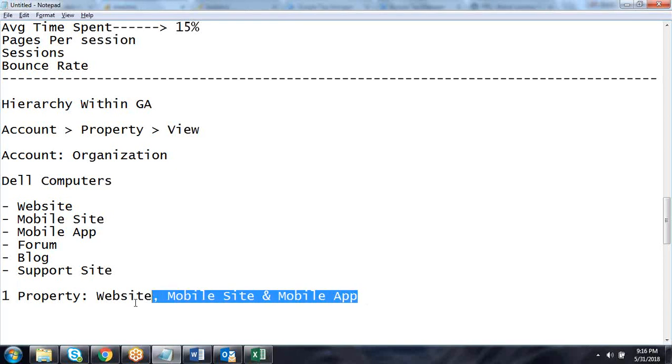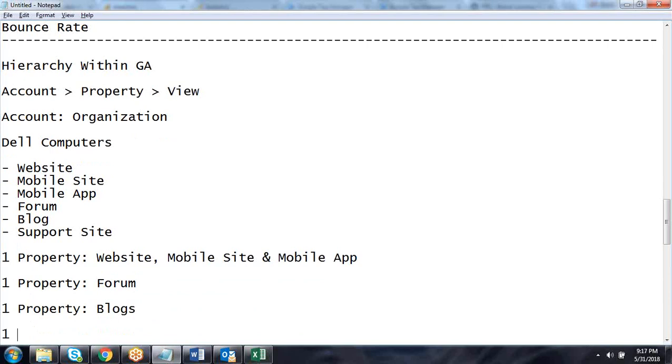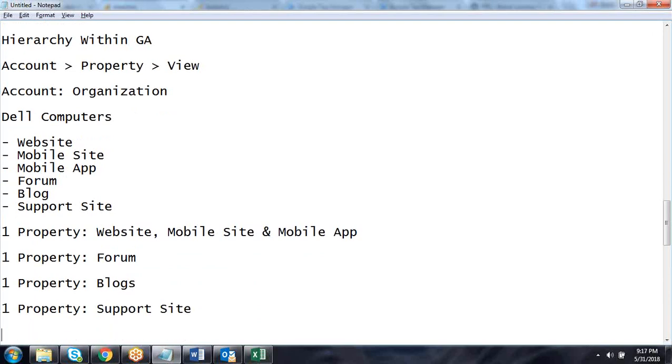So on platforms where my customer behavior is going to be similar, I'm going to put them under one property. Make sense? Now one property for forum, one property for blogs, and one property for support site. Make sense to all?